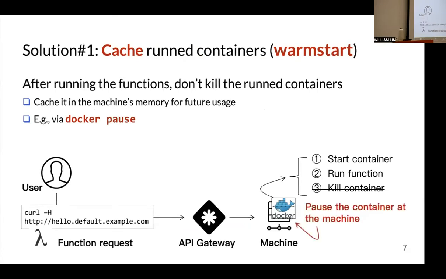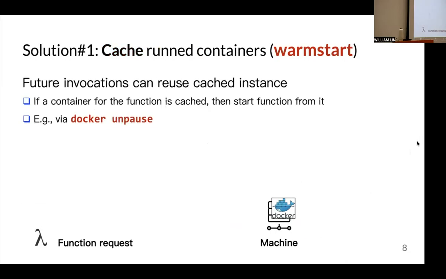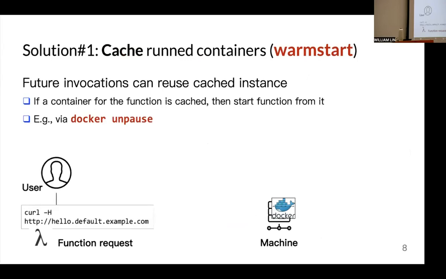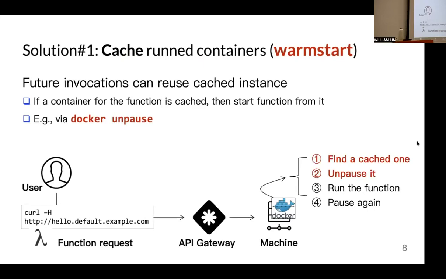To cope with cold start, the most widely used technique is caching, also known as warm start. Compared with cold start, caching will not kill containers after functions finish. It will pause them in the memory of the execution machine so that future function invocations can reuse the cache. After caching, a future function request can find the machine with the cached instance and start the container by unpausing the cached container.